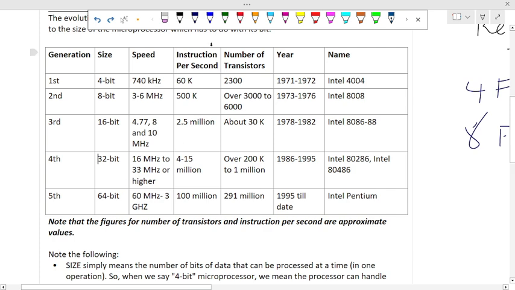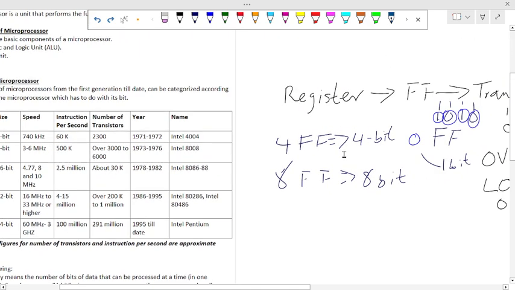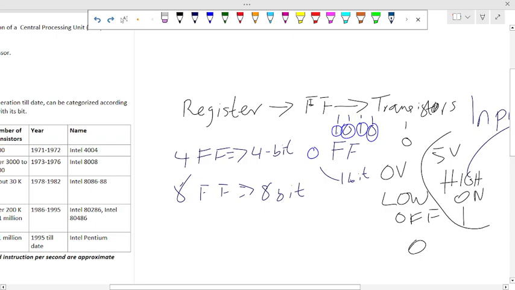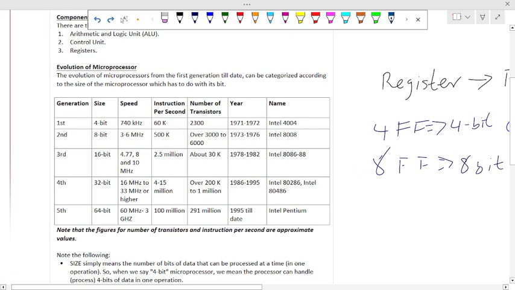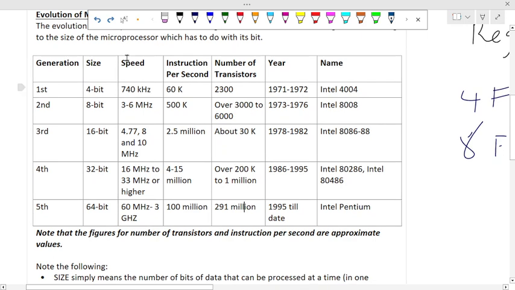Okay, and then instructions per second. So how many instructions can your microprocessor achieve in 1 second? That's just the meaning. The number of transistors, of course, we already made mention of the fact that registers are made up of flip-flops, which are made up of transistors. So in the first generation, this 4 bits, how many transistors are inside of it?